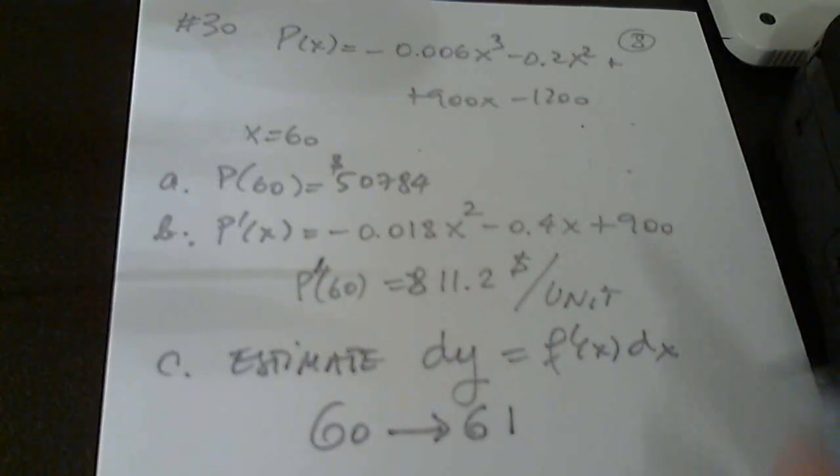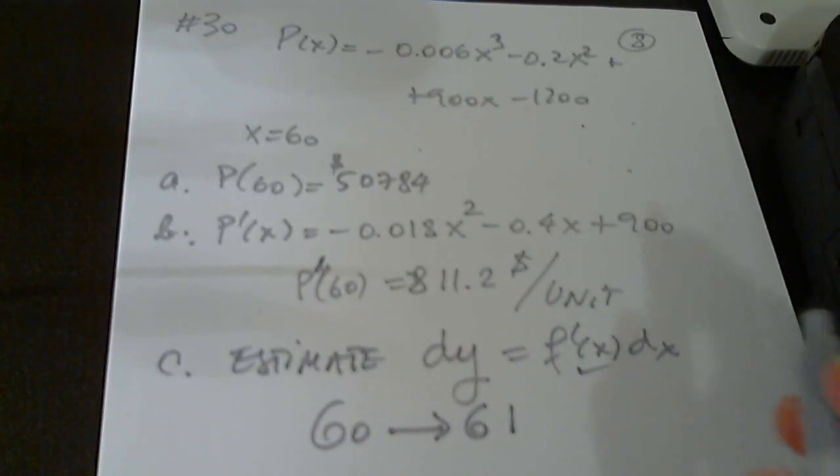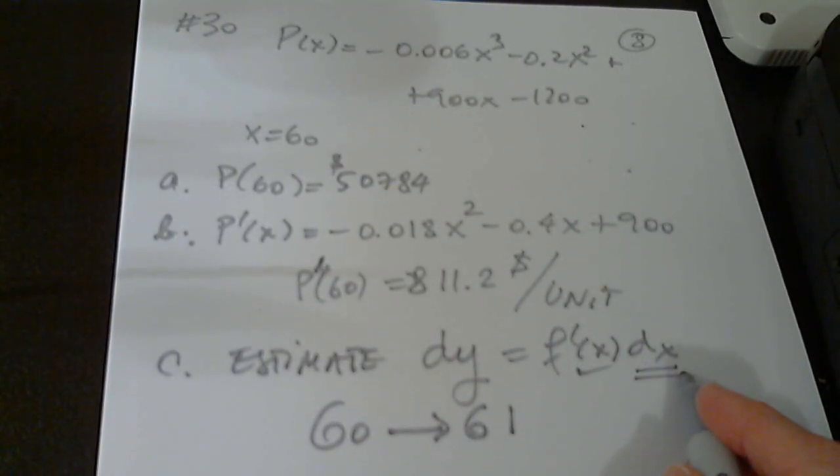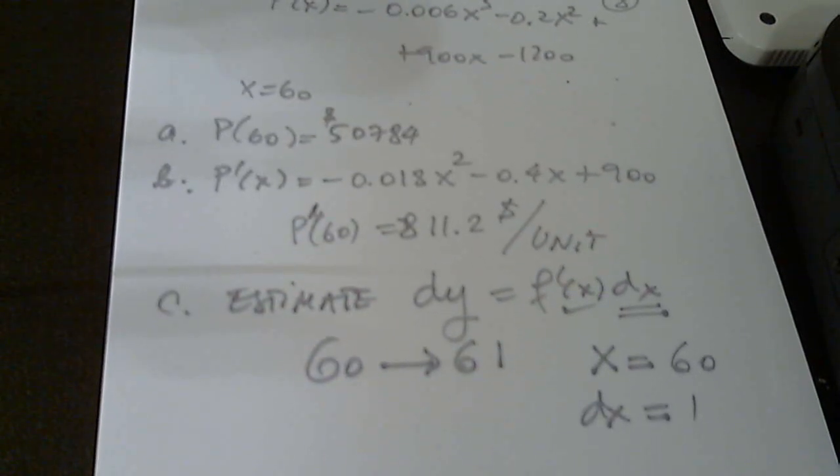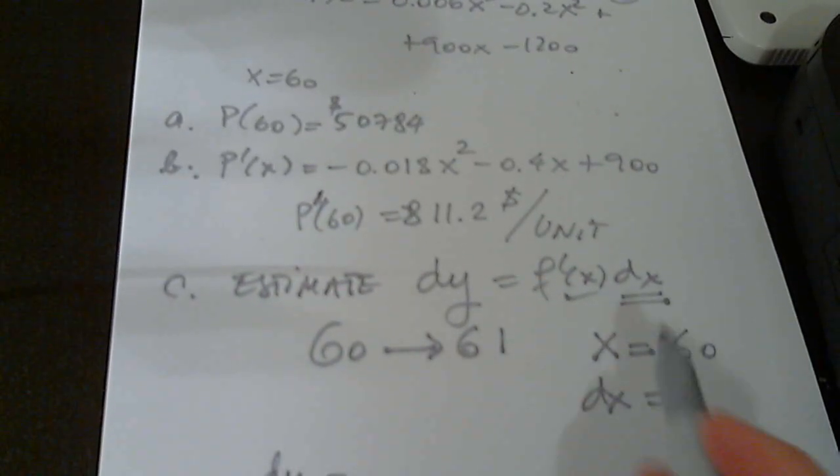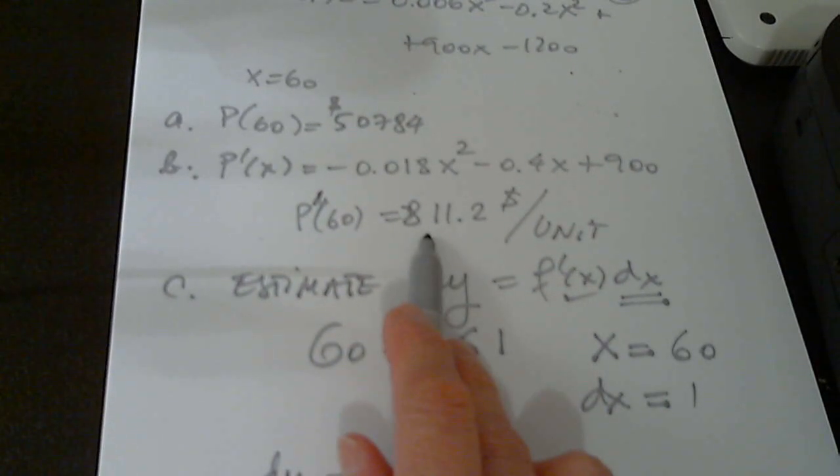We have the function, we have the derivative, this is clear, but we need to identify x and then dx. What do you think? What is x and what is dx? X is 60 and dx is 1. Exactly. That's it.